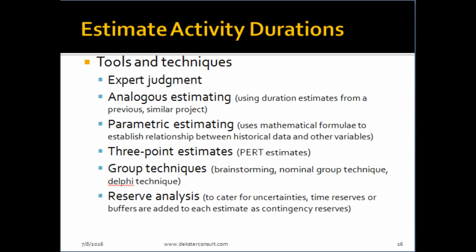We could make use of three-point estimates. We could use group techniques such as brainstorming, nominal group technique, and Delphi technique. Then we can perform reserve analysis: to cater for uncertainties, we must add time reserves to our estimates.